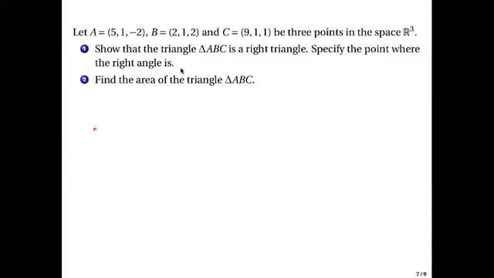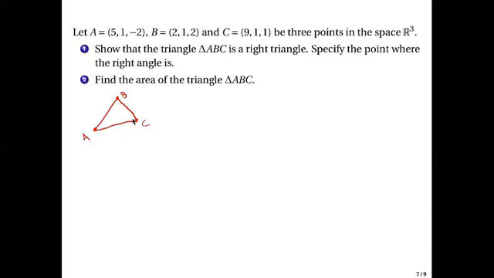So, for example, you have these 3 points here, A, B, C. You have a triangle. This doesn't look like a right triangle at all. But you need to show, if these are the 3 points, you need to find where the right angle is.